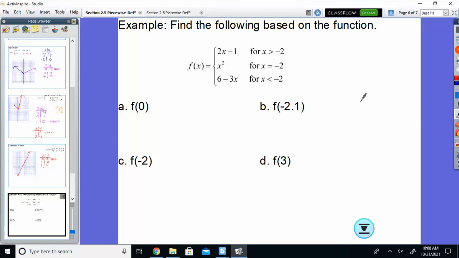If it's a function, each x can only give you one answer, right? It has to pass the vertical line test. If x equals 0, then which piece would you use? The x is greater than -2, the x equals -2, or the x is less than -2? Yeah. 0 is greater than -2, so you're going to plug it into that first piece and that first piece only. It's a function, so you can only have one answer. And so we just get out -1.